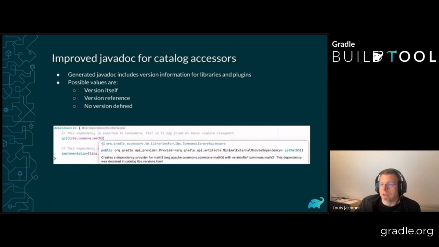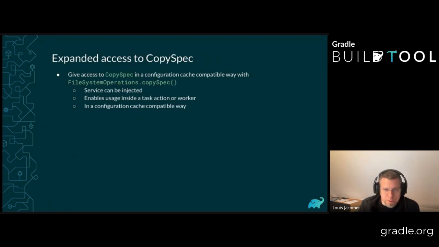In addition, we expanded the access to the CopySpec. A CopySpec could be obtained for a long time in Gradle from the project object. But as you all know, with the configuration cache, accessing the project object at task execution time or inside a worker is not possible.